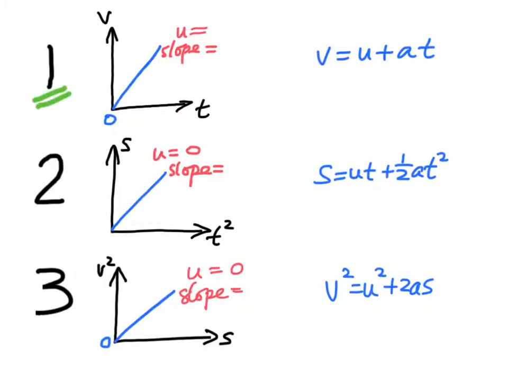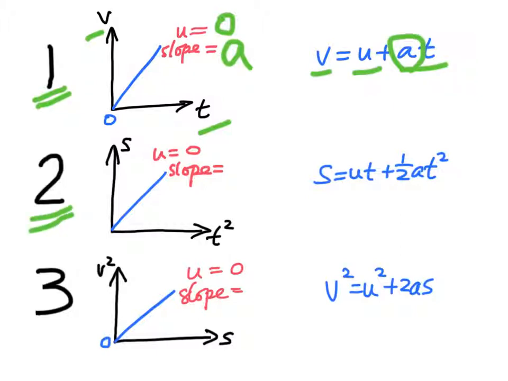Case 1. From the VT graph, we have the equation v equal to u plus at. Therefore, we have u equal to 0, and the slope of the graph is equal to the acceleration. In the second graph, which is s against t squared, we have the equation s equal to ut plus half at squared.